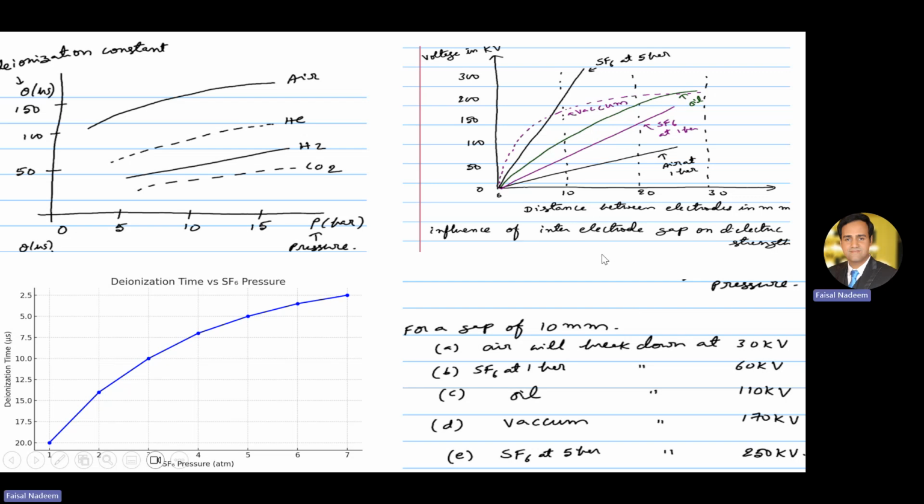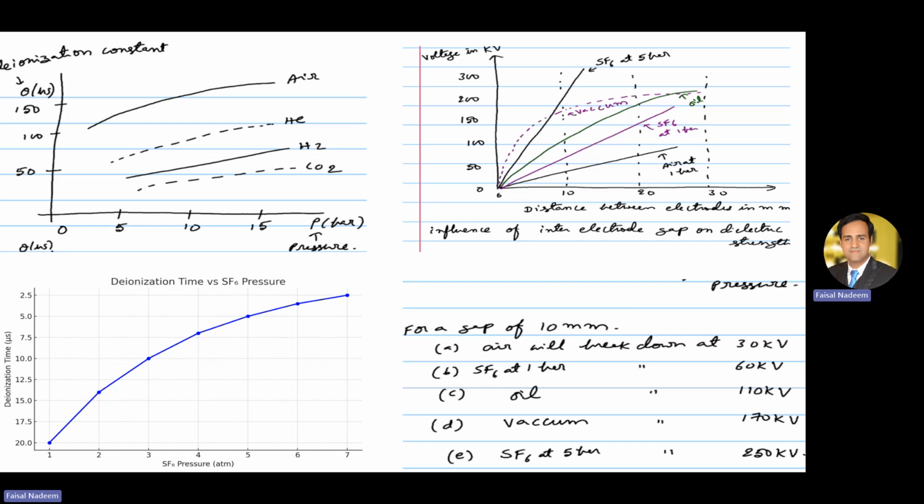So at 1 bar, if you look here, it is air at 1 bar. The dielectric strength of air is least at 1 bar. However, the dielectric strength of vacuum is extremely high at 1 bar. The dielectric strength of oil is less than vacuum, and SF6 gas used in circuit breakers is less than oil as well.